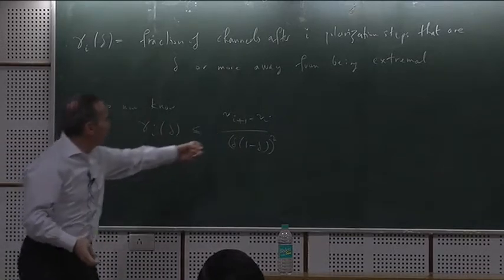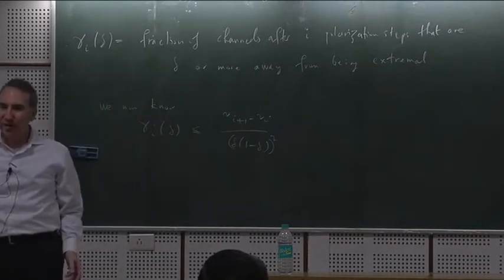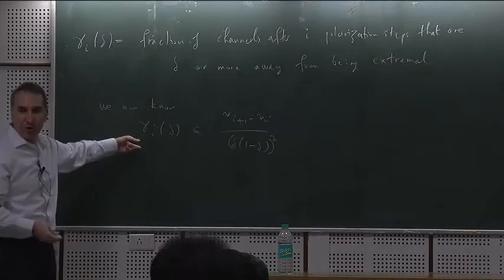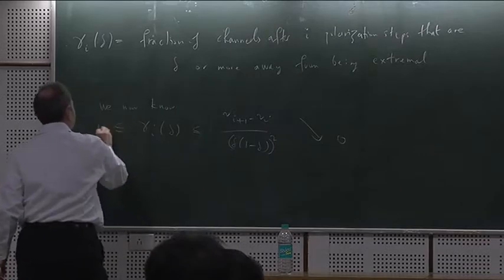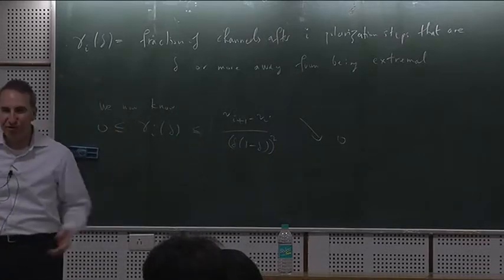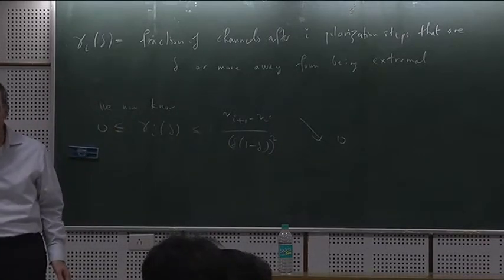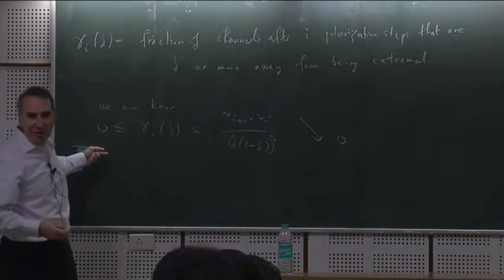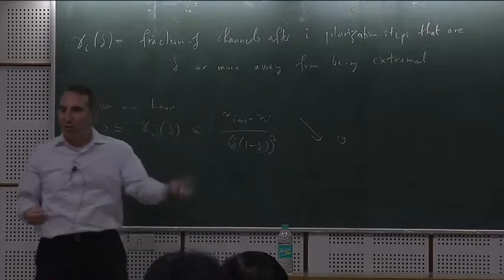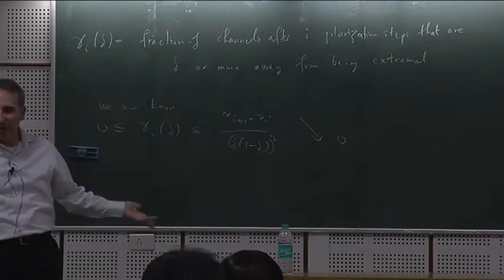Okay. So this number goes to 0 as I gets large. Consequently, this guy is going to 0. This guy is a fraction, I'm just counting how many fractional channels. It's a positive number, so it is squeezed between 0 and something which goes to 0. Consequently, it must go to 0.